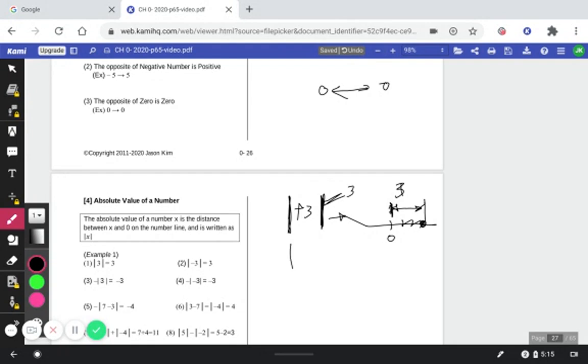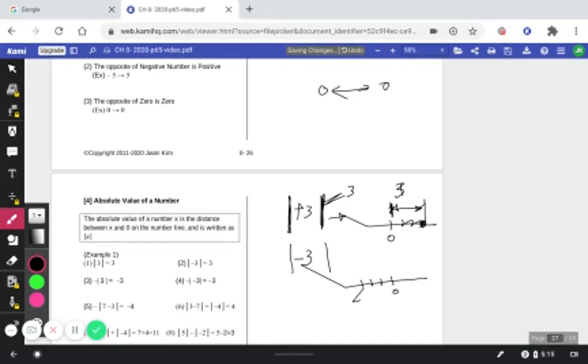Then what is the absolute value of negative 3? From the number line, 1, 2, 3, the distance from negative 3 to 0 is the absolute value of negative 3.